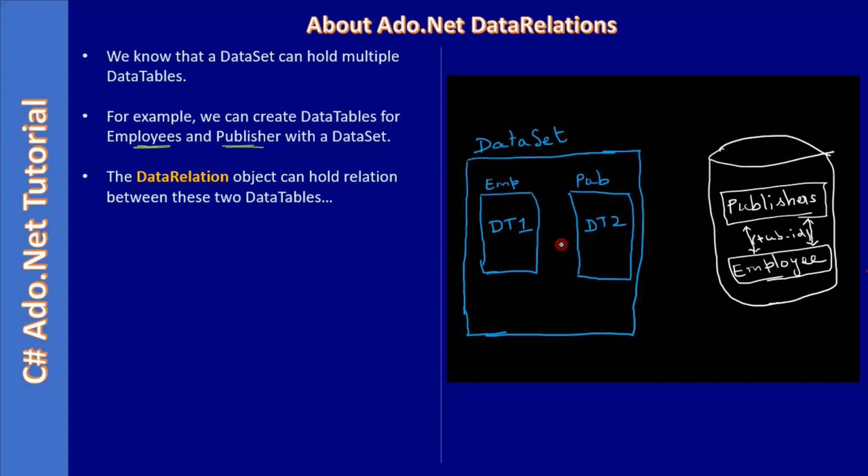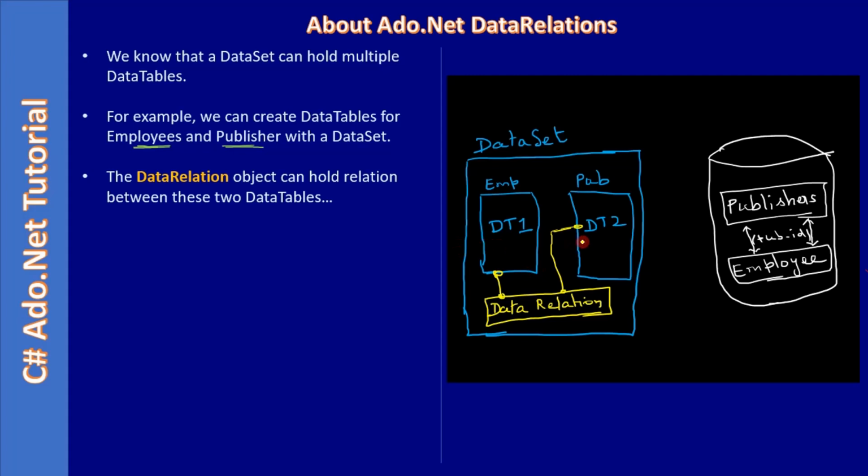But there will not be any relation between these two data tables, and that can be achieved using the data relation object. So if you see, these two tables are linked based on the data relation, right? Data relation knows there is a table employee and there is a table data table publisher, and these two tables are linked using the data relation object.